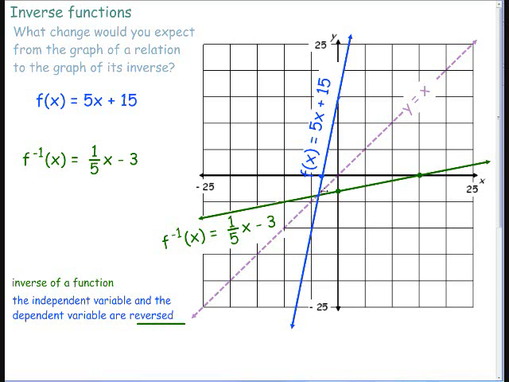The inverse will lie right on top of the original function, and the same will happen on this section of the graph. So this is actually a mirror image of this if you look across the diagonal. That is always true for inverse functions.